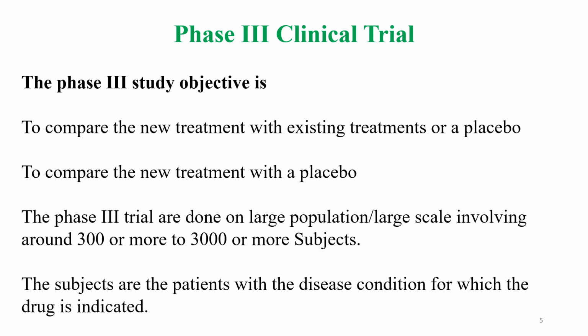Generally in the phase 3 clinical trials, the subjects or participants are the patients with the disease condition for which the drug is indicated. For example, if you are going to evaluate an anti-diabetic drug in the phase 3, then the subjects will have diabetes, depending on the drug indication.